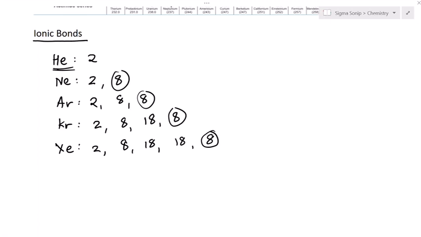All noble gases other than helium have 8 electrons in its valence shell, and this is the characteristic that makes it stable. So all atoms, when they combine, they are trying to gain this electron configuration. They are trying to gain a full octet in their valence shell. Oh, sorry, wrong spelling here. They're trying to gain a full octet in their outermost shell.